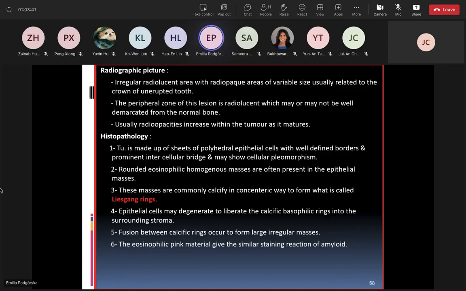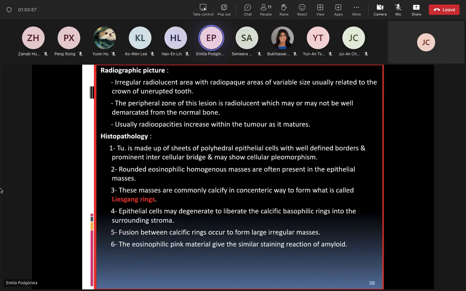Epithelial cells may degenerate to liberate the calcific basophilic rings into the surrounding stroma. Fusion between calcific rings occurs to form large irregular masses.